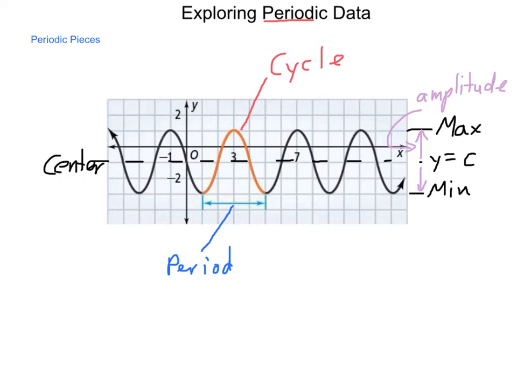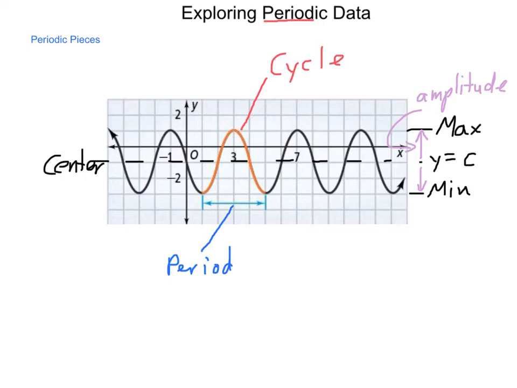There's a lot of new terminology being placed in here all at once, so be sure that you are taking good notes and definitions of this. The center, cycle, period, extremes, maximum and minimum, and amplitude are all terms that we use to describe a periodic function.